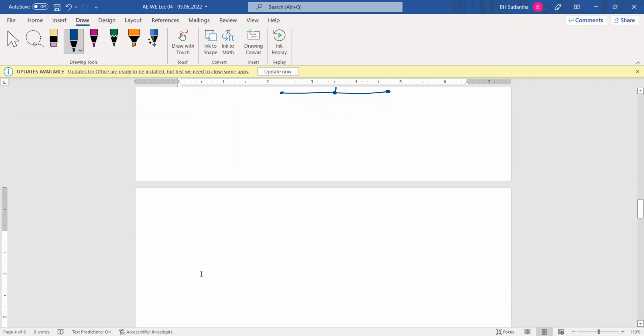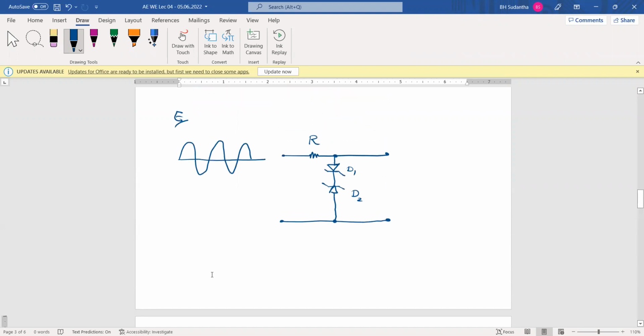Okay, how can we do that one? Because of this Zener diode D2, assume that this Zener voltage is V2, and this Zener voltage is V1. Assume that one. Then how can we draw the waveforms for V?